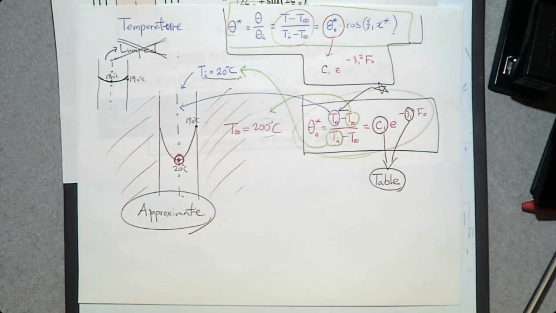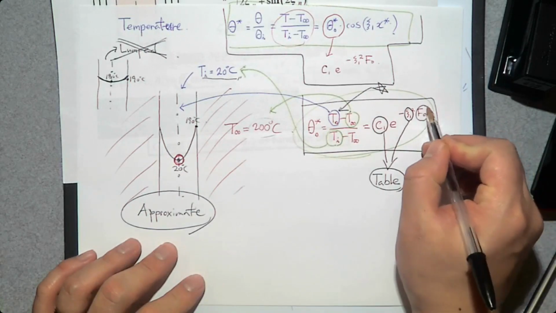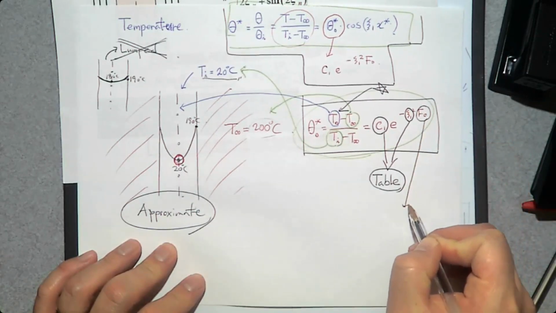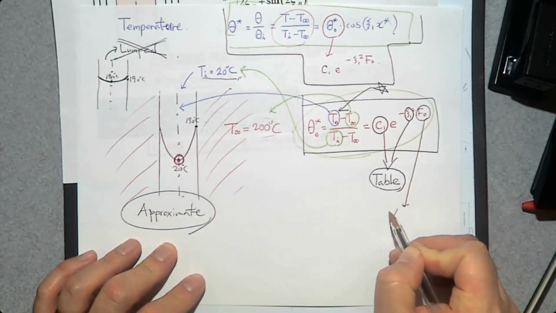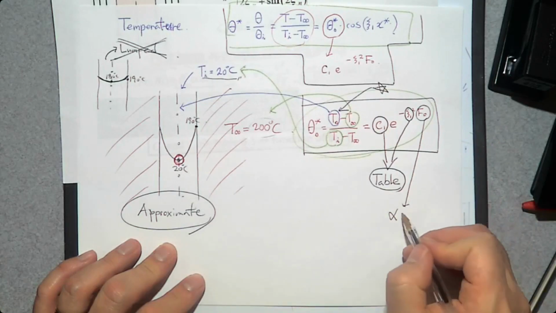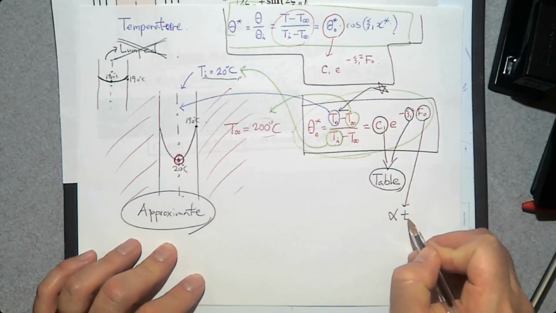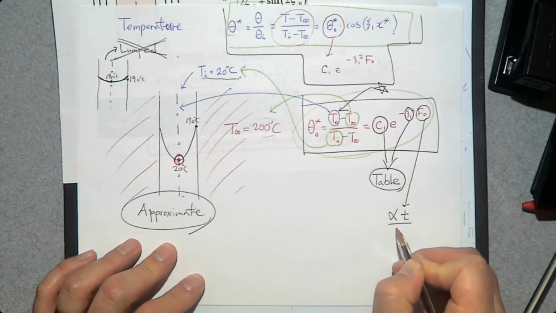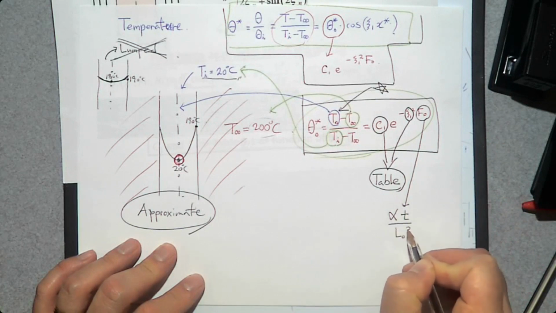And the Fourier number is thermal diffusivity alpha, which is a material property, times time t over characteristic length square.